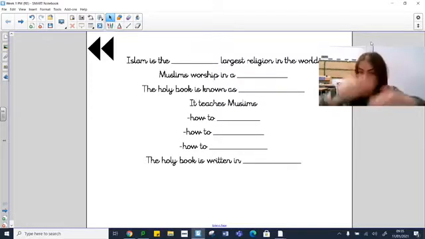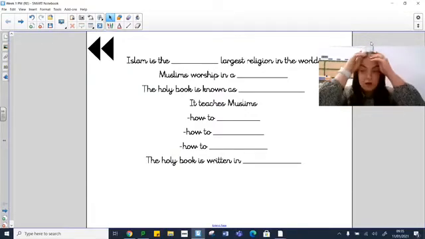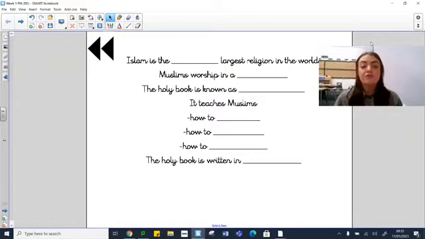Okay, so everybody, I'm hoping you're doing it at home with me. So here is some of the learning that we've done so far. All I'd like you to do is to read the sentence and fill in the gaps. So Islam is the largest religion in the world. We should know this.